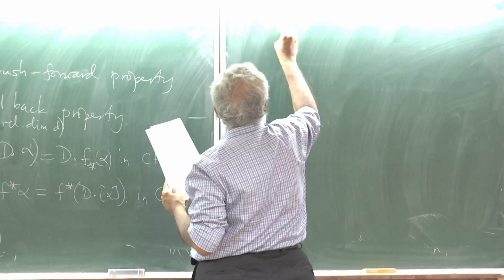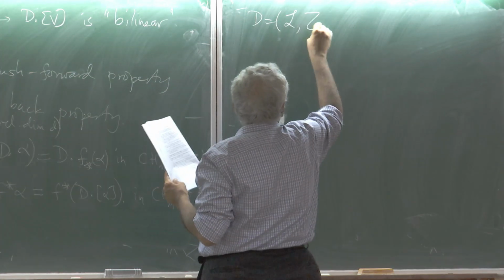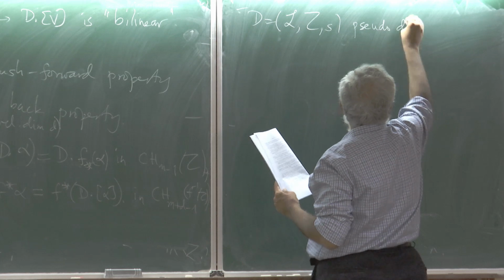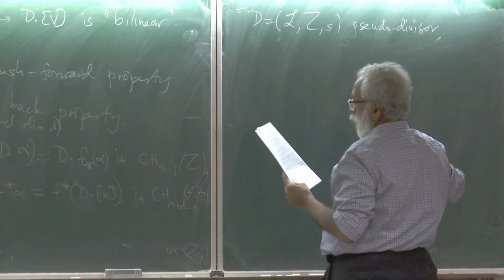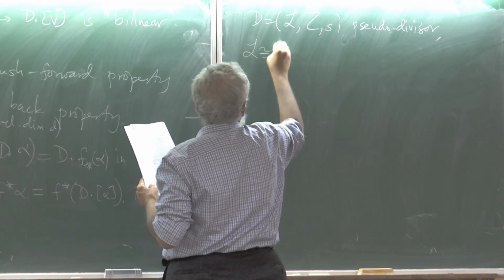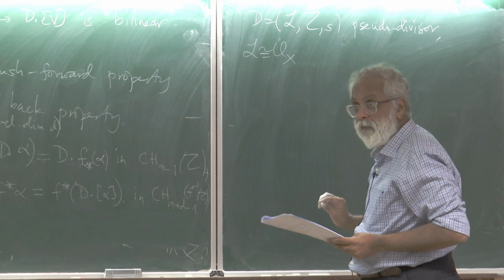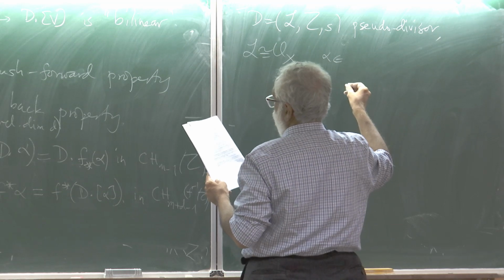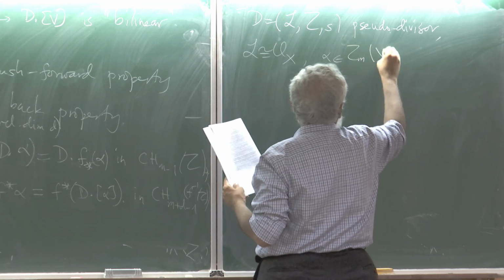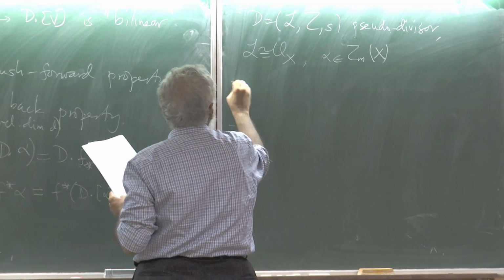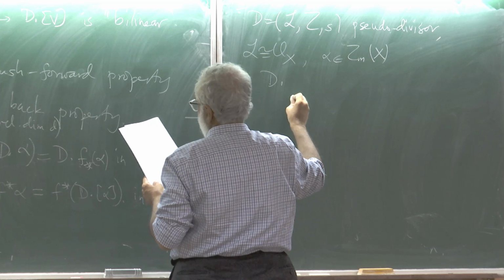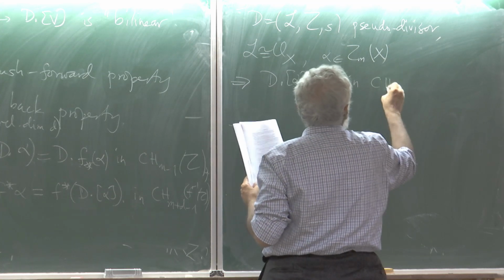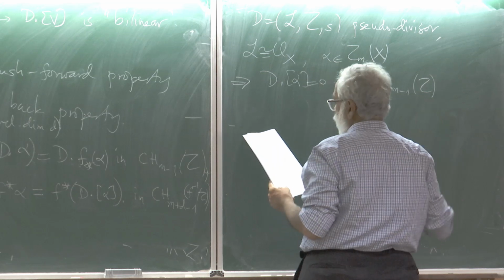If D equals L restricted to Z, S, pseudo divisor, and L is isomorphic to O_X, not necessarily with this section, but there exists an isomorphism, and alpha in Z_M(X), then the claim is D dot alpha equals 0 in Chow M minus 1 of Z.